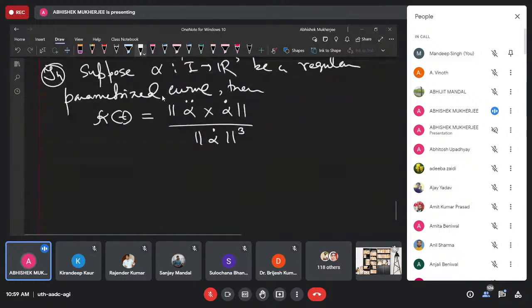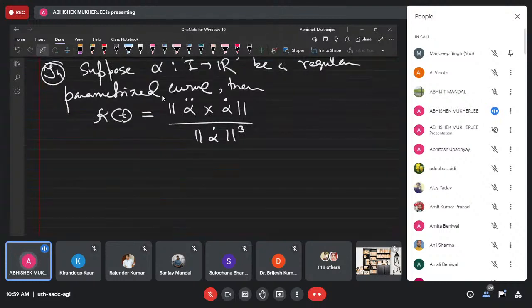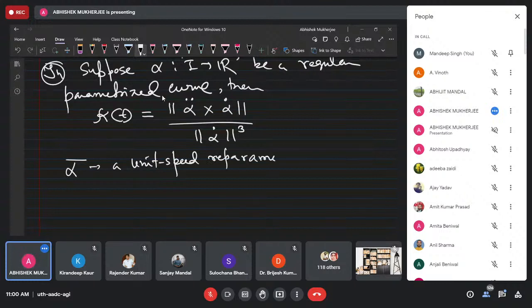So suppose you choose a naturally reparameterized curve of alpha, suppose alpha bar, the unit speed reparameterization of alpha in terms of the arc length parameter small s.